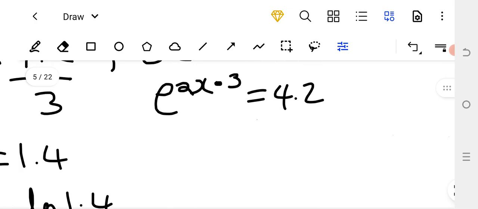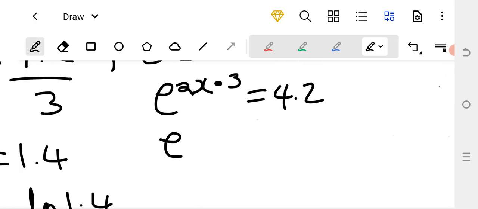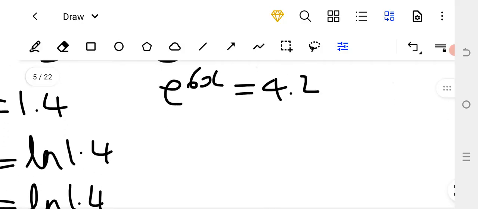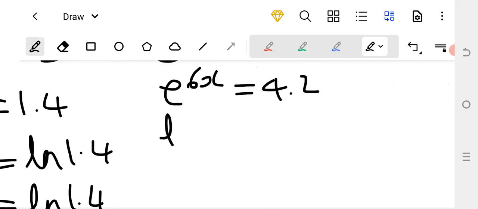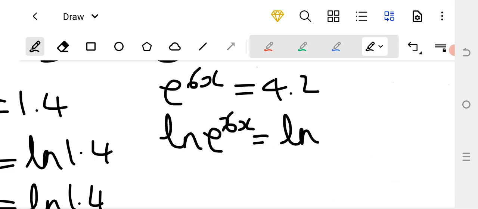Then e to the 2x times 3 is e to the 6x if you simplify those indices, is equal to 4.2. And then the person would just say ln of e to the power 6x is equal to ln of 4.2.